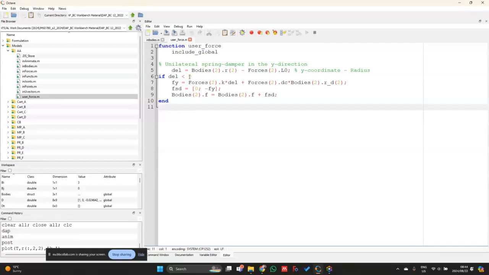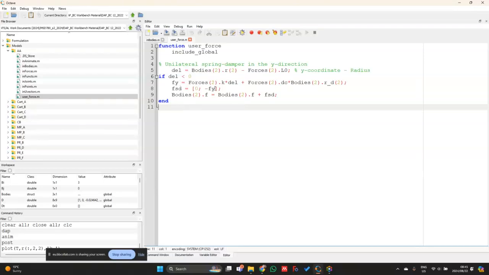And I know if this value is smaller than 0, then it means that I'm going to have a deformation of the tire. So there's going to be some spring or damper effect being induced by the actual tire. So since I also know that the motion is vertical, I'm just going to calculate the y component of the spring mass damper system.